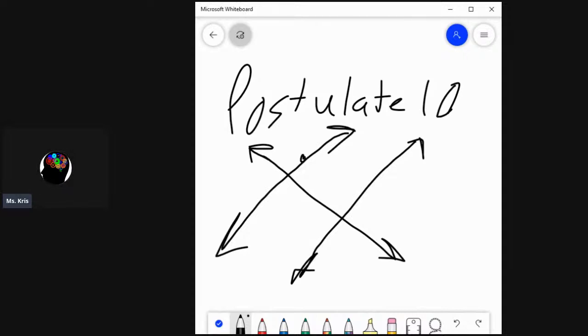Now, when a transversal cuts through two or more lines, you form interior angles and exterior angles. So you have angle 1, 2, 3, 4, 5, 6, 7, 8.